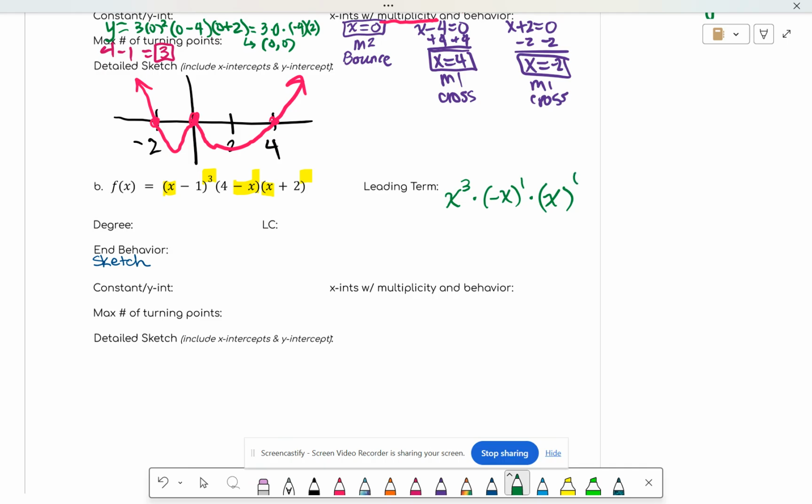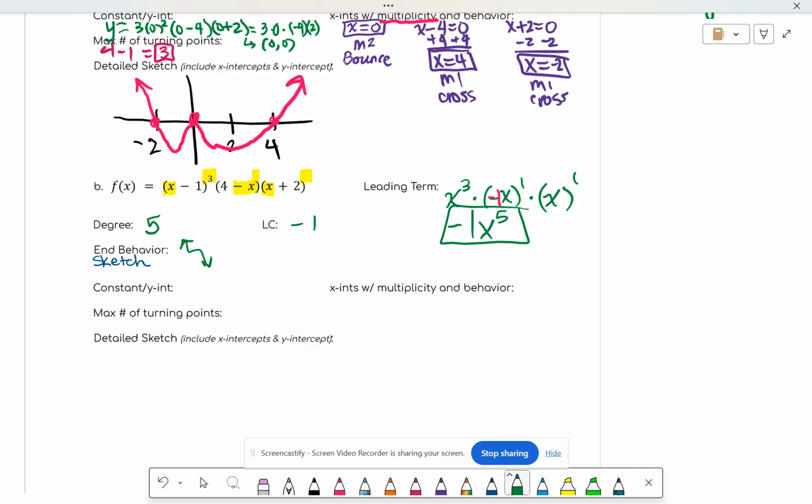So that is a negative 1, because there's a negative 1 right here. So negative 1 x to the fifth is my leading term. So my degree is 5. My leading coefficient is negative, so my end behavior is going to start high and end low. Yes, it could have more wiggles than that.